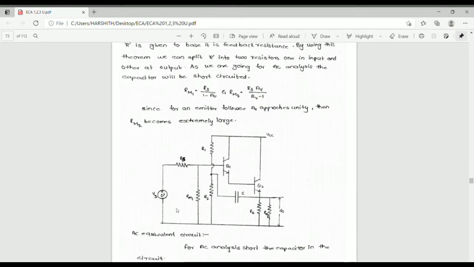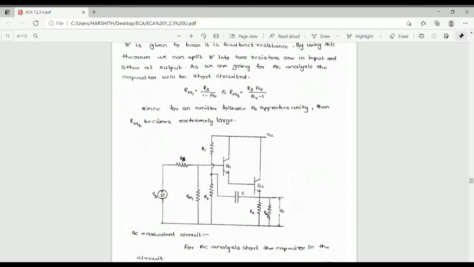RM1 equals R3 by (1 minus AV), where AV is the voltage gain, and RM2 equals R3 into AV by (AV minus 1), by using Miller's theorem.